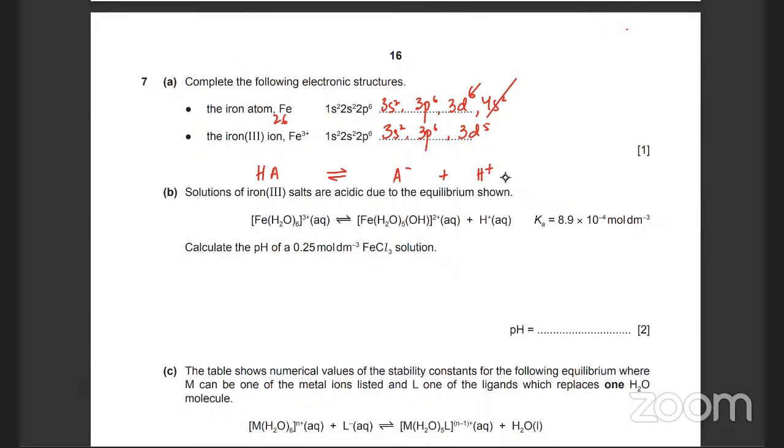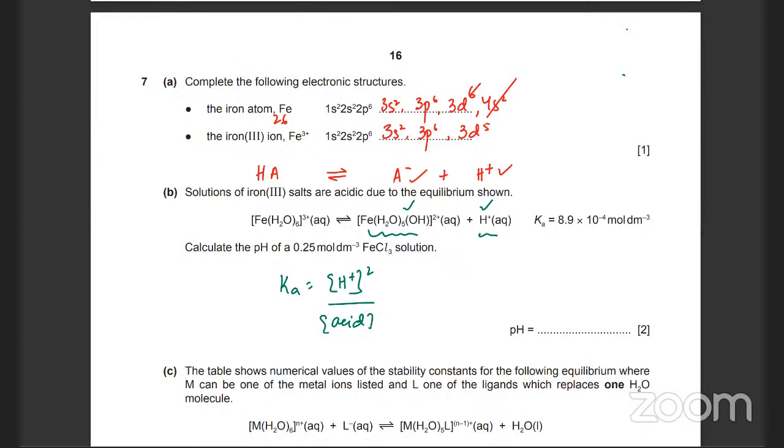These two have exactly the same concentration, this is your A minus, this is your H plus. So Ka is going to be H plus squared, divided by the reactant concentration, which is your acid.